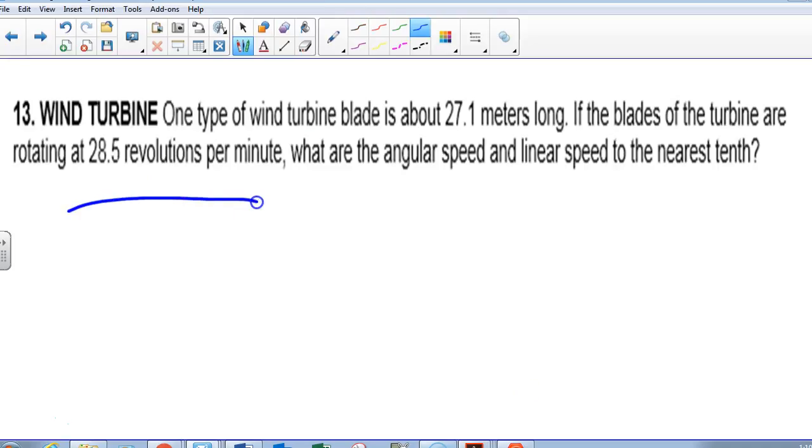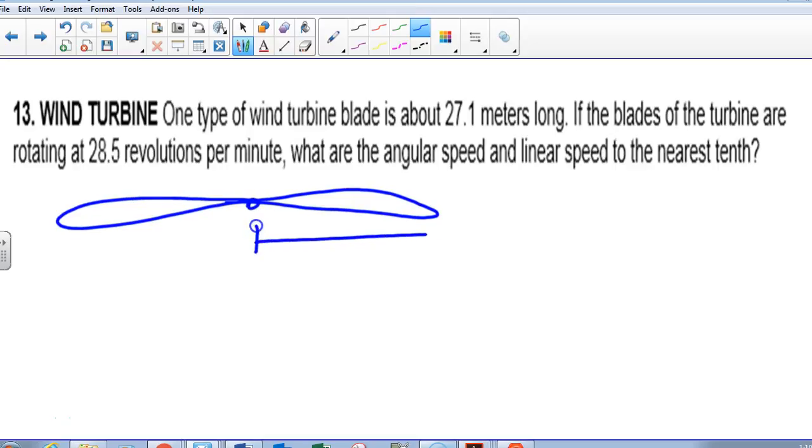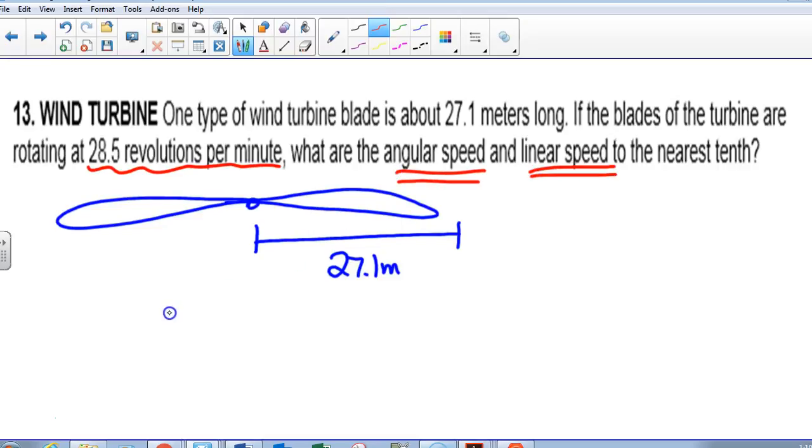Wind turbines. So we have a big old propeller looking thing on the top, and the length of one of the blades is 27.1. How does that relate to what we're doing? The blades are rotating 28.5 revolutions per minute. What is the angular speed and the linear speed to the nearest tenth? That 27.1 is a radius, which we don't need at all for the angular speed.